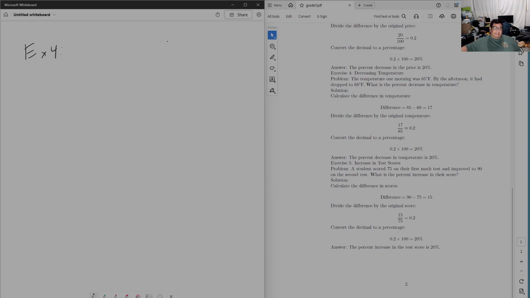So we go from 85 degrees Fahrenheit to 68 degrees Fahrenheit. So this is going to be a decrease, percent change decrease. Notice we go from a higher value to a lower value. So first we calculate the difference. That's going to be equal to 85 minus 68. That's going to be 17.